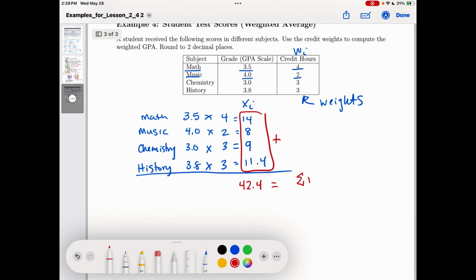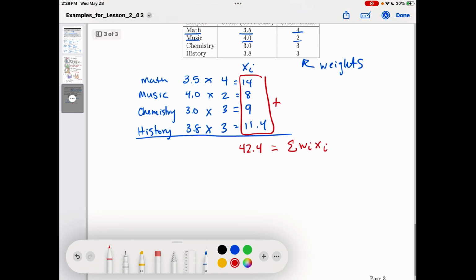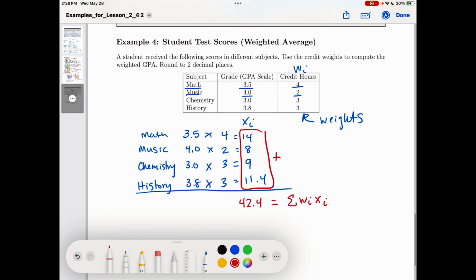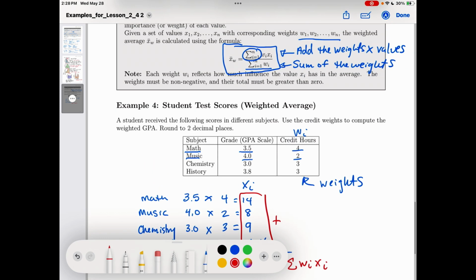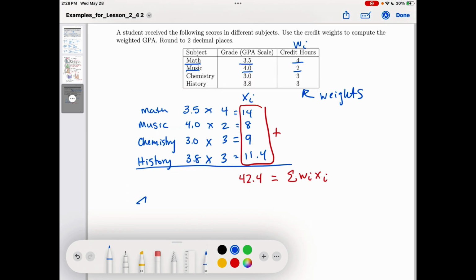That's going to give me 42.4. So this is equivalent to the sum of the wi's times the xi's. Now, the bottom part of that formula, if we look back up here, says add up all the weights, and then we're going to divide by the sum of all the weights.